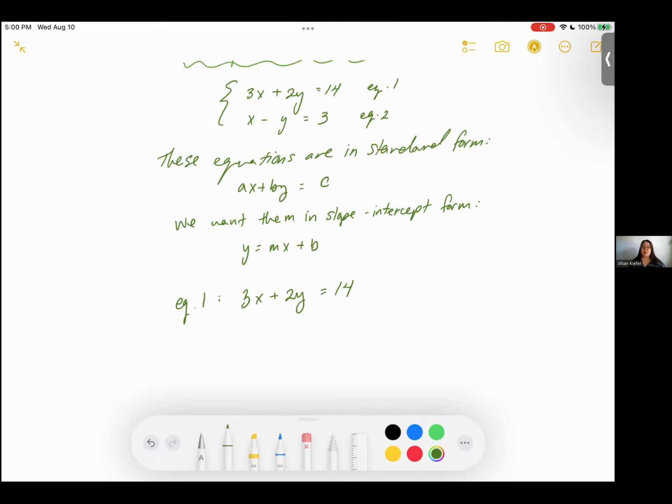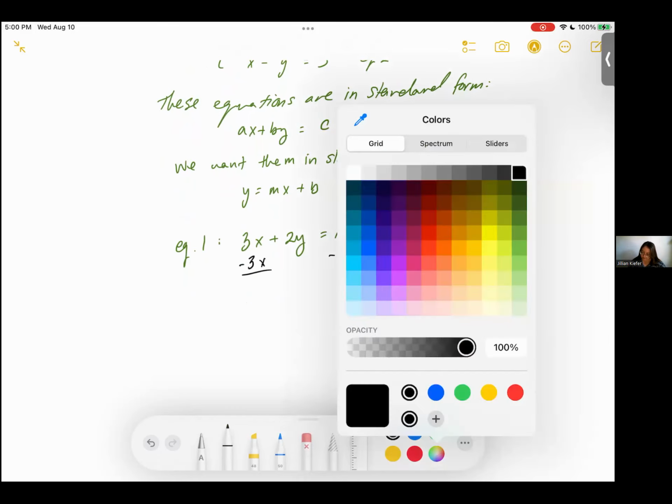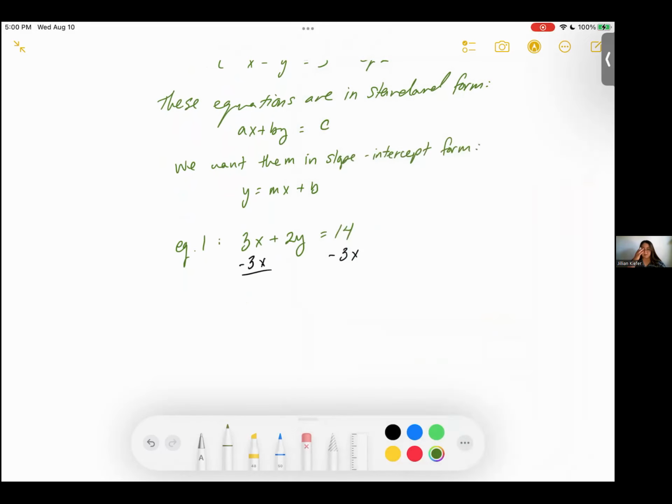So we're going to start off by subtracting 3x from both sides. That first one looks a little funny, but that's a 3. When we write this out, our 3x's are canceled.